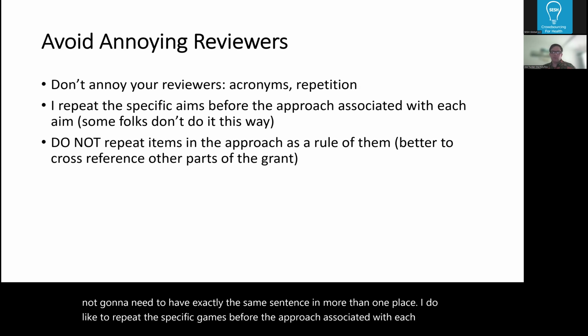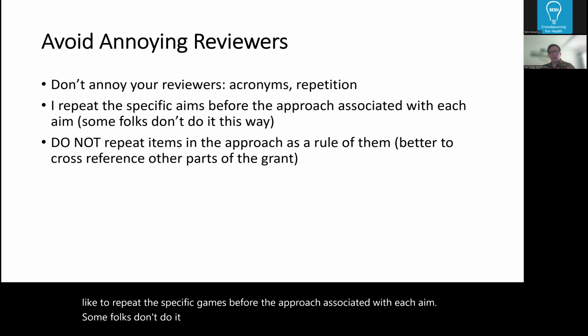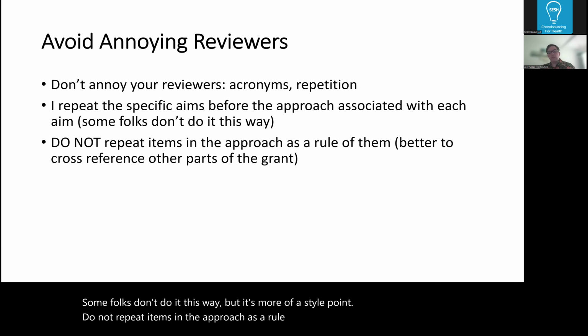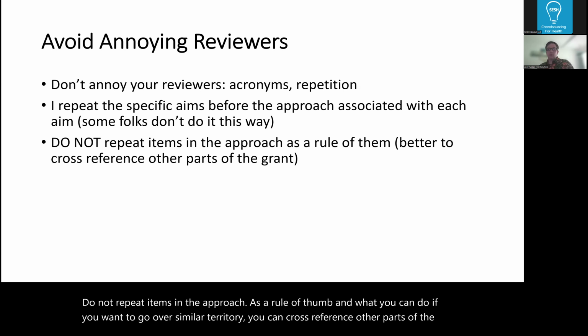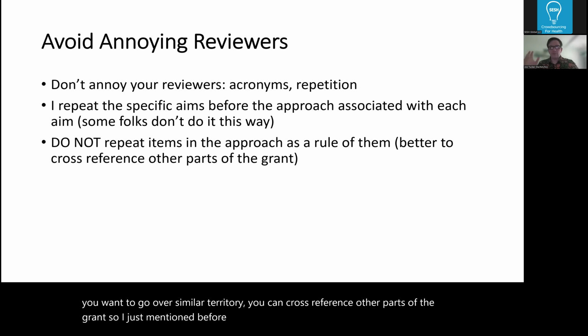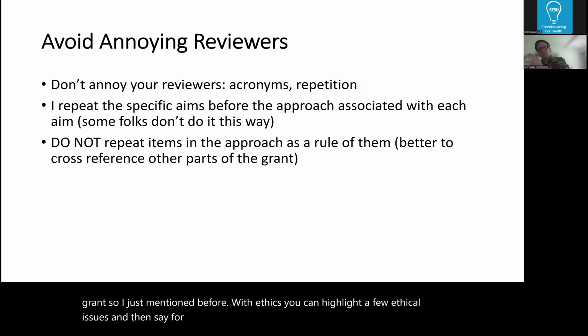Some folks don't do it this way, but it's more of a style point. Do not repeat items in the approach as a rule of thumb. And what you can do if you want to go over similar territory, you can cross-reference other parts of the grant. So I just mentioned before with ethics, you can highlight a few ethical issues and then say, for more details, see the human subjects research part of the grant.